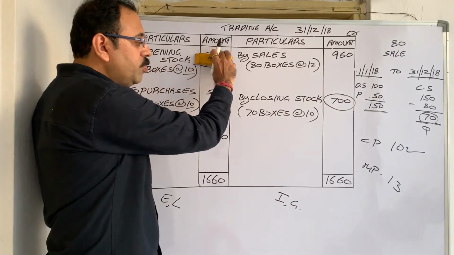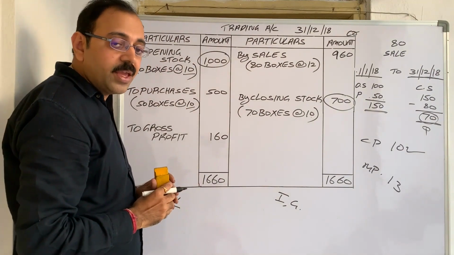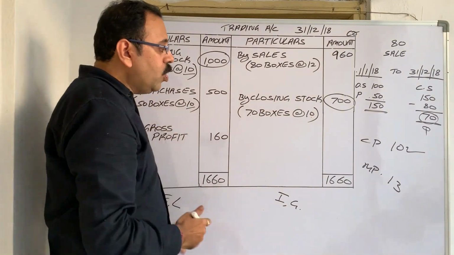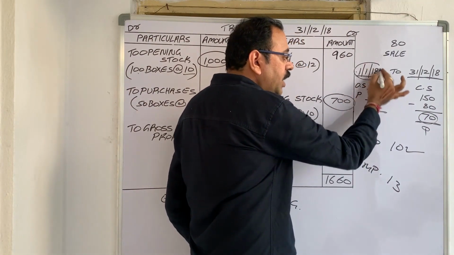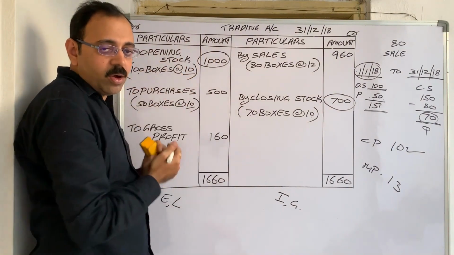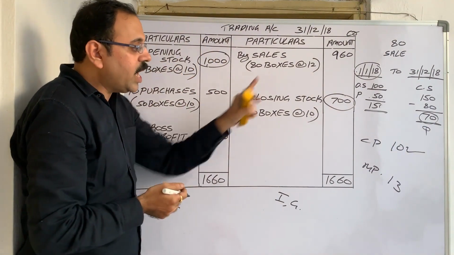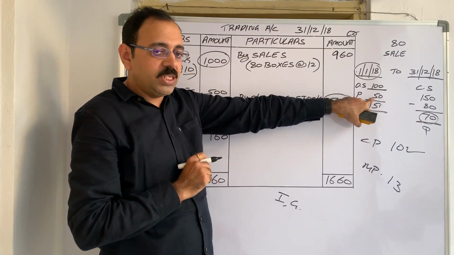Say this 1000 rupees is not there, this 700 rupees is not there. In that case, even though we have 100 boxes on the starting date of the year, we are not writing that in the trading account. So in the current year, we purchased 50 boxes at the rate of 10 rupees each.